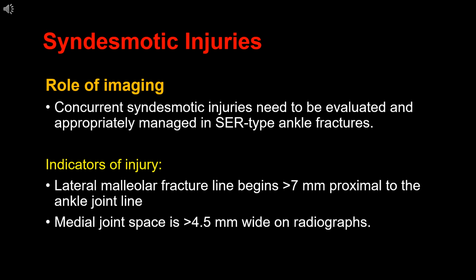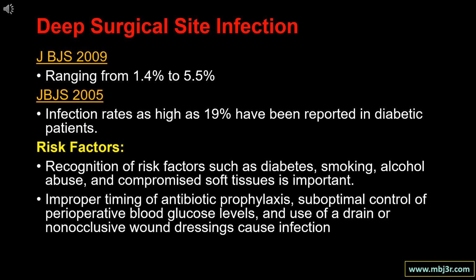Concurrent syndesmotic injuries need to be evaluated and appropriately managed in SER type ankle fractures, especially when the lateral malleolar fracture line begins 7 mm above the ankle joint line or a medial joint space is more than 4.5 mm on radiographs. Risk factors for deep surgical site infection following operative treatment of ankle fractures.